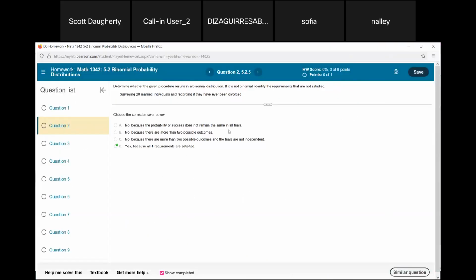So I don't know if that's exactly true. Maybe this person gets divorced and they have a friend, and that maybe influences them to get a divorce. I guess that's possible. But for the most part, let's assume that everyone has independently decided whether they're going to get divorced and they're not influenced by someone else being divorced or not. If that's the case, then it would satisfy the fourth condition. And then, of course, this would be binomial. Okay.